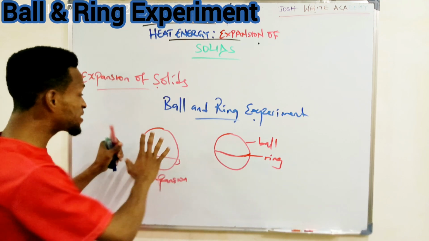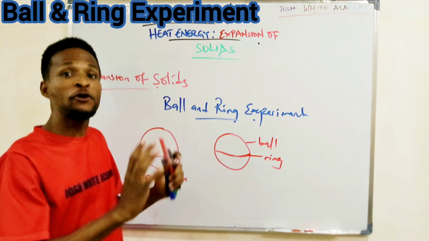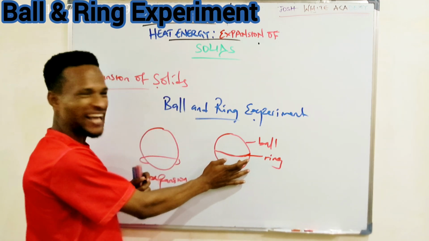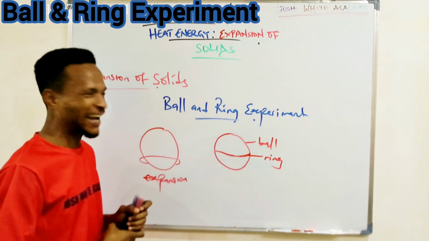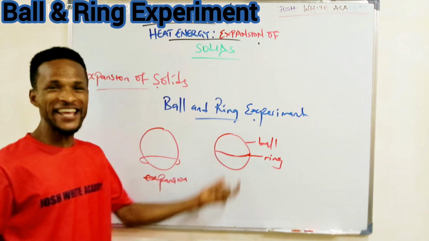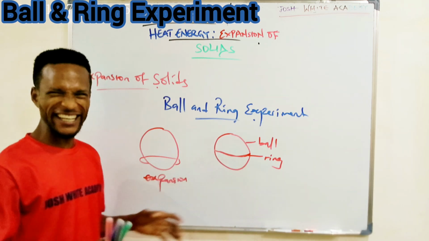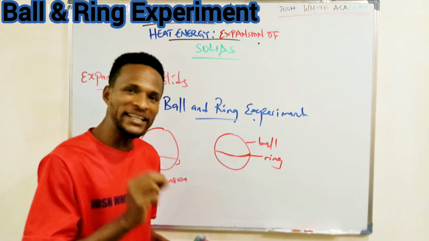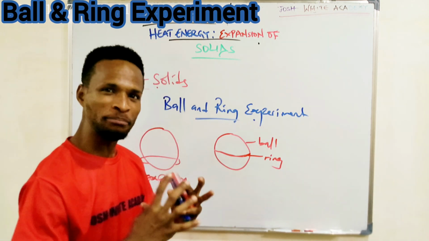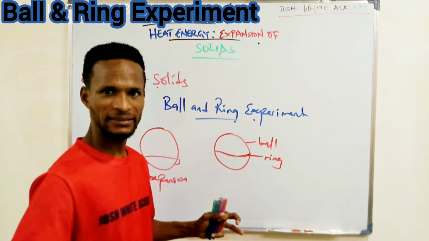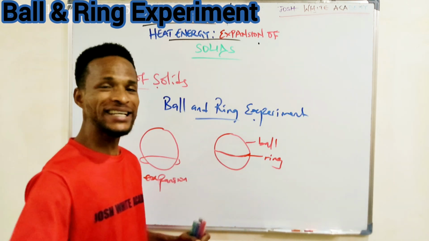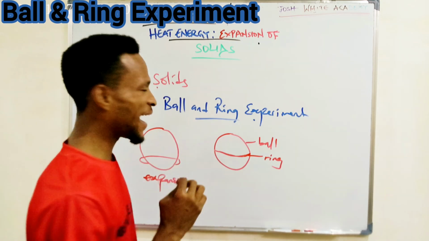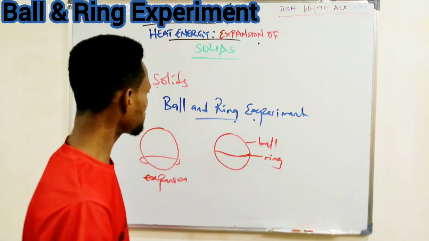And now, when this ball is allowed to cool, it returns back to its original size, it contracts, and is now able to pass through the ring. This proves that the application of heat causes that body to expand. And when the heat is removed, the body returns to its original shape by contraction.